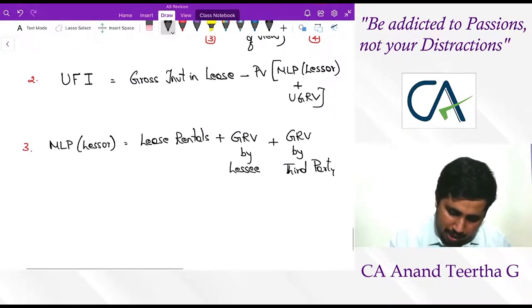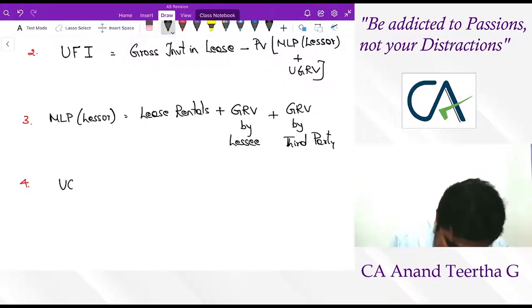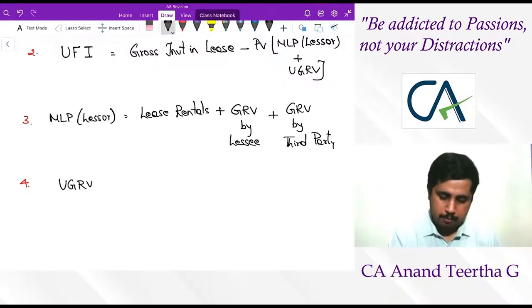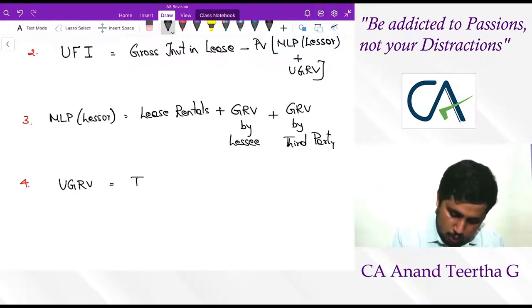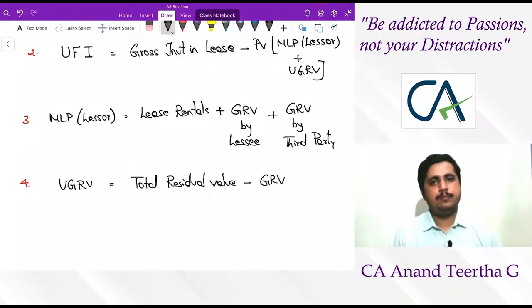Later, what do we mean by UGRV then? The last one. What do we mean by UGRV? Unguaranteed residual value is the full form. UGRV is equal to total residual value minus guaranteed residual value.